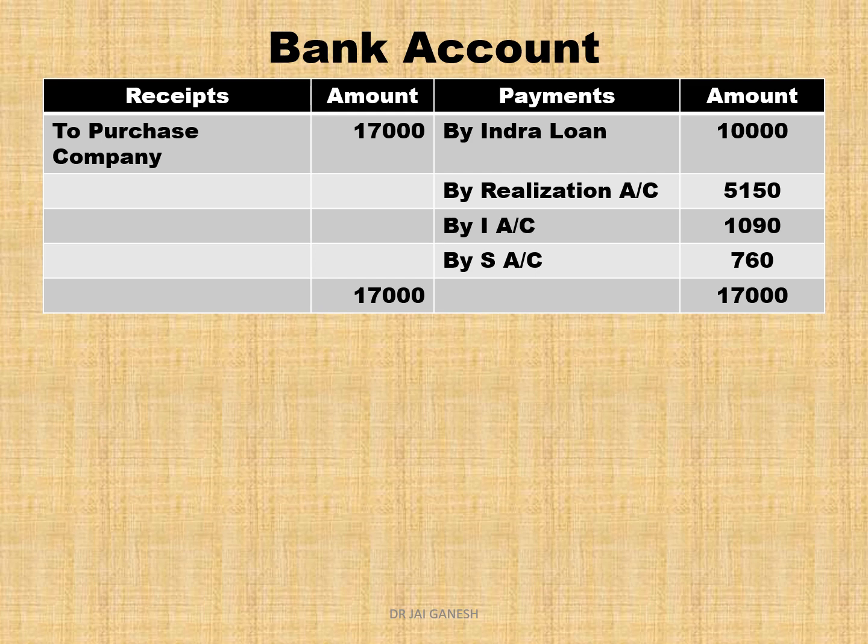Then in the realization account we paid expenses 150 and BP 5,000. So we get 5,150. Then the final settlement of Indra's capital 1,090 and Sudha's final settlement 760. So thereby the bank account tallies with 17,000.